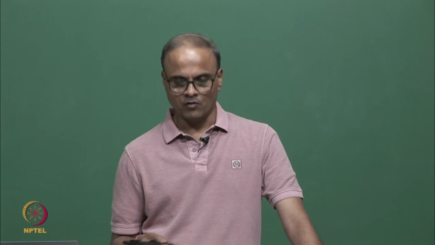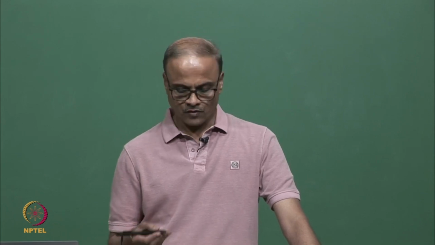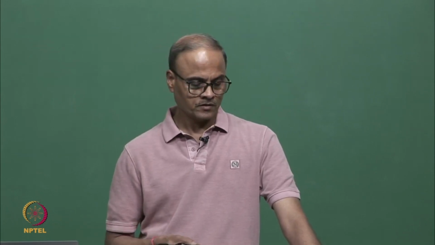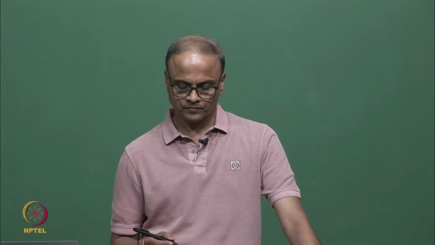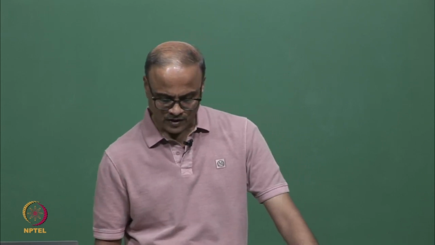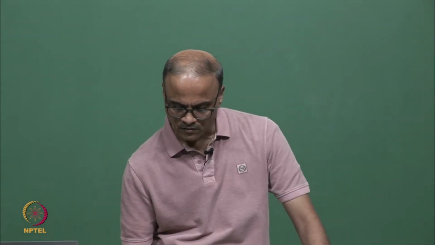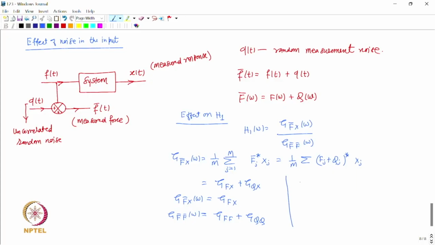It will be equal to the auto spectrum of the actual force plus the auto spectrum of the noise in the force. So, what is the effect of noise in the input on H1? H1 will therefore be equal to G f x divided by G f f plus G q q, isn't it?